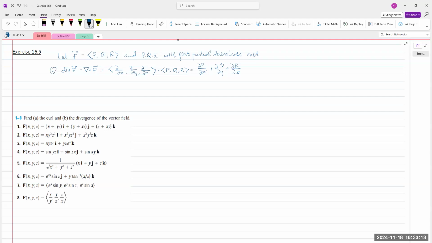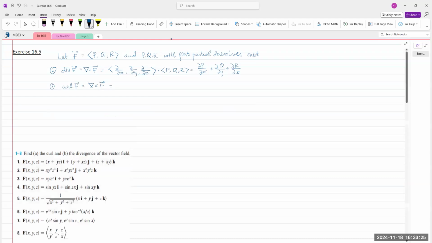And then the curl of vector field F is the gradient cross F, which we can see as, if we write that using a determinant, the i j k in the first row, the second row dou x, dou y, dou z, and then PQR.